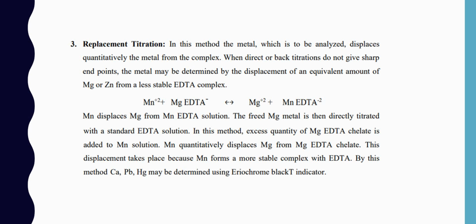Manganese replaces magnesium from the magnesium EDTA complex. The free magnesium metal is then directly titrated with the standard EDTA solution. In this method, excess quantity of magnesium EDTA chelate is added to the manganese solution. Manganese quantitatively displaces magnesium from the magnesium EDTA chelate. So they have just done the replacement reaction, and with the help of this replacement reaction they have identified the metal ion.